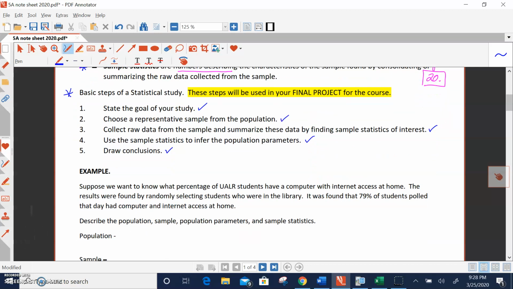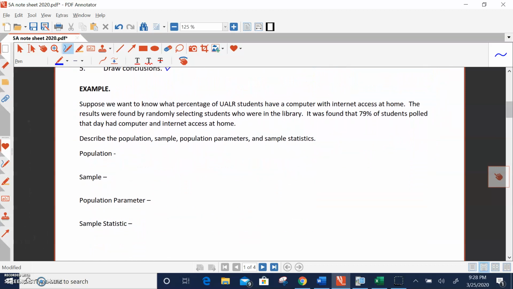So let's go back to that UALR example. Suppose I want to know what percentage of UALR students have a computer with internet access at home. And students were polled. The results were found by randomly selecting students who were in the library. And by polling these students in the library, it was found that 79% of the students stated that they had computer and internet access at home.